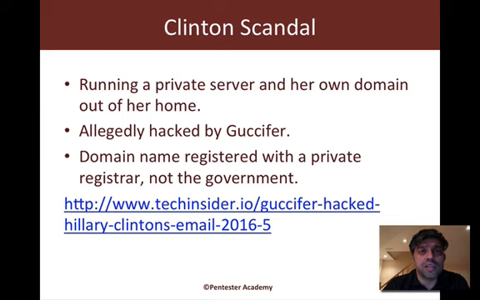This was allegedly hacked by Guccifer, but we do not have any indication that this actually took place. The domain name was rather registered at a private registrar and was not being actively monitored by the government. And Tech Insider has a decent write-up about it there.